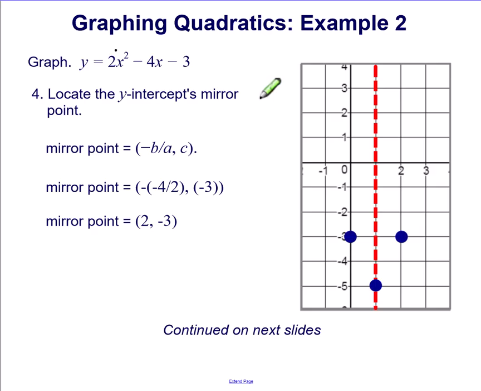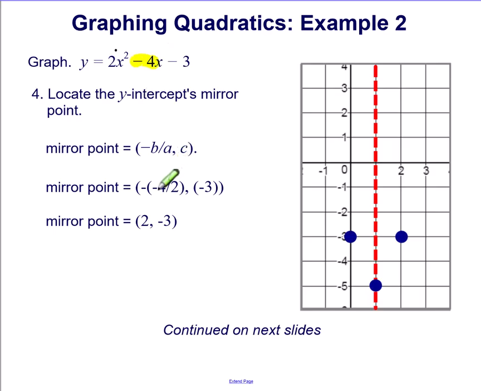which takes us to step 4. Locate the y-intercept mirror point. Now, the mirror point is located at, the y-coordinate is going to be c. The x-coordinate is going to be negative b over a. Here's negative b, negative 4.